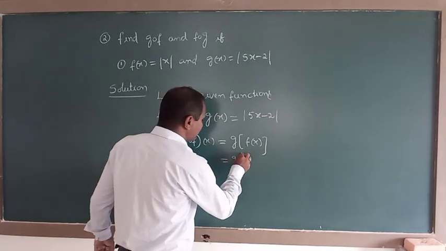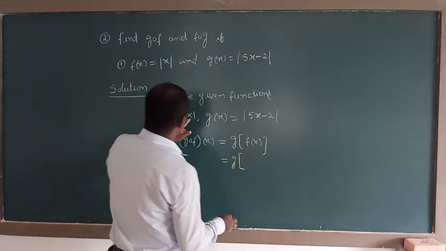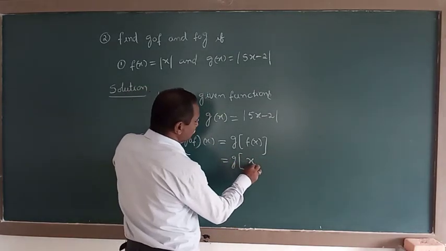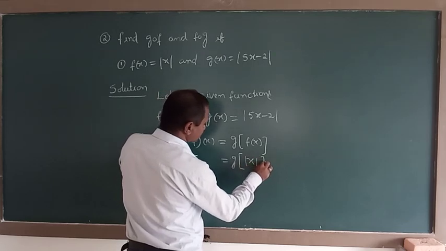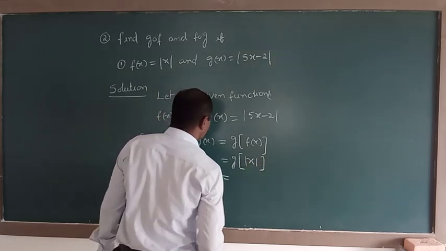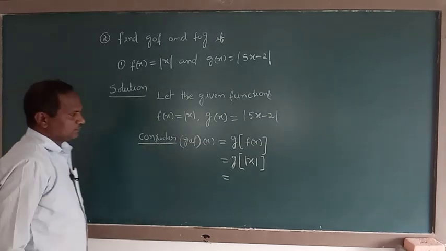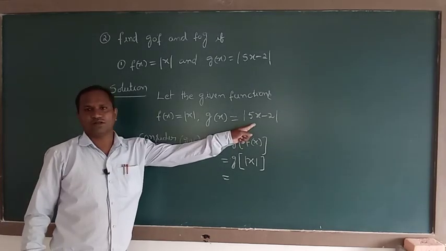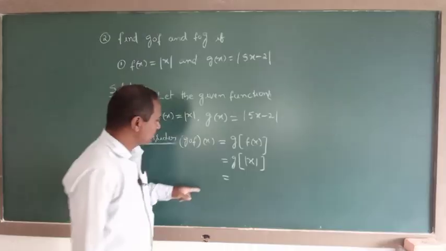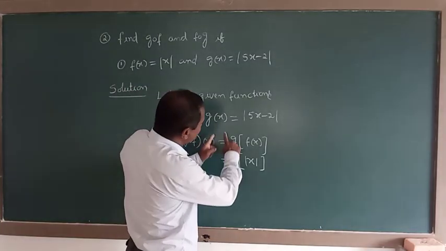g of f of x. For f of x they gave modulus of x, so g of modulus of x here. What is g of x here? Modulus of 5x minus 2.